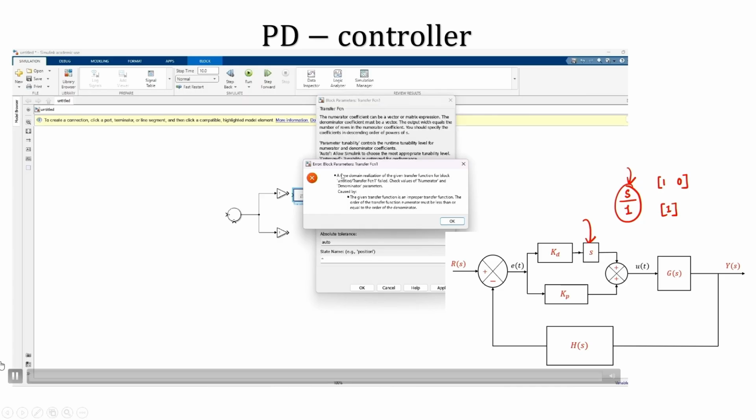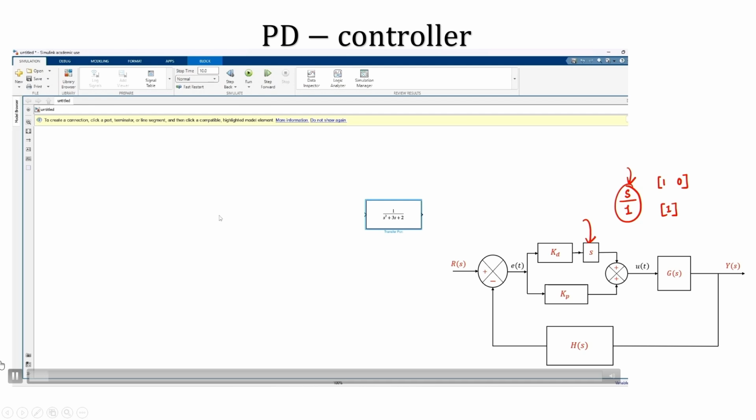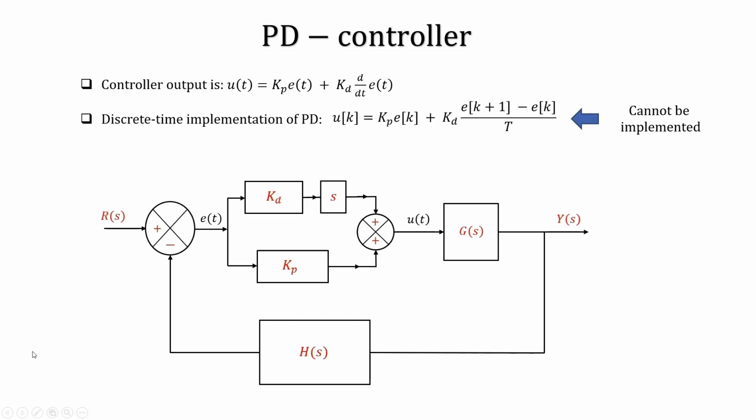Now, a simple way out, which is generally done, is that instead of taking this to be the difference equation corresponding to the derivative action, we take this to be the difference equation.